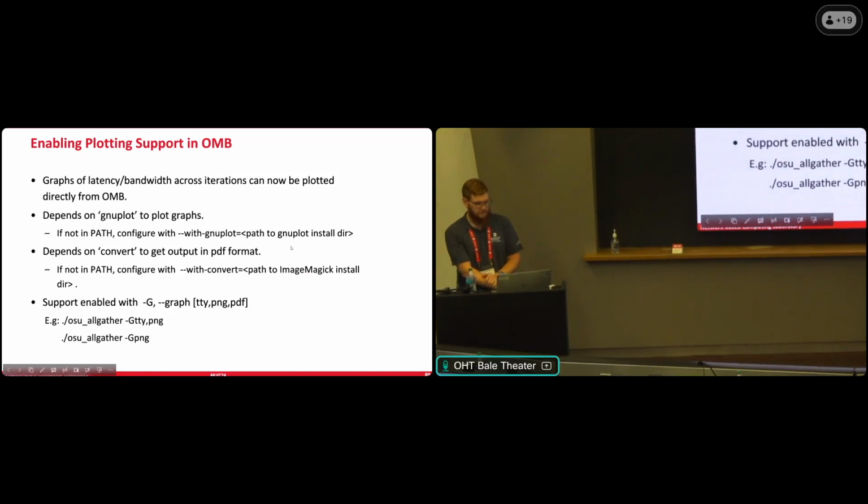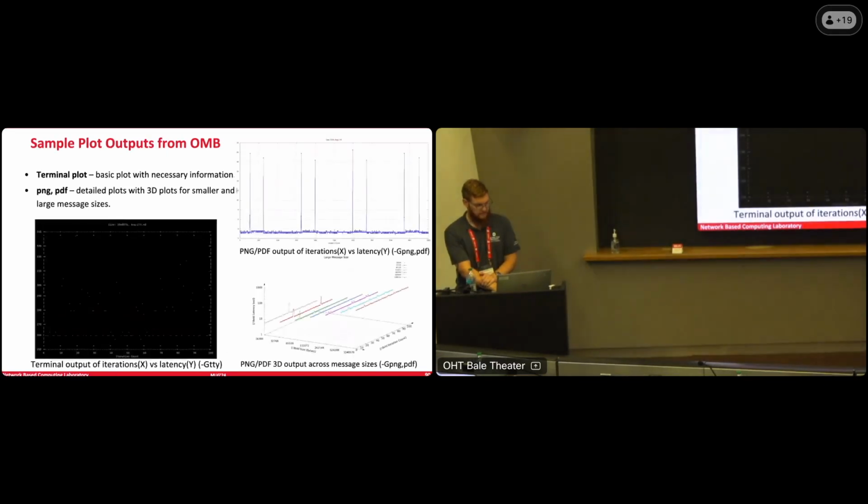If you don't have that in your path, you are going to have to put it into your configure. And we'll also use ImageMagick to convert it to a PDF, which can be very nice for showing performance numbers on a given system. And this is enabled with the -G flag.